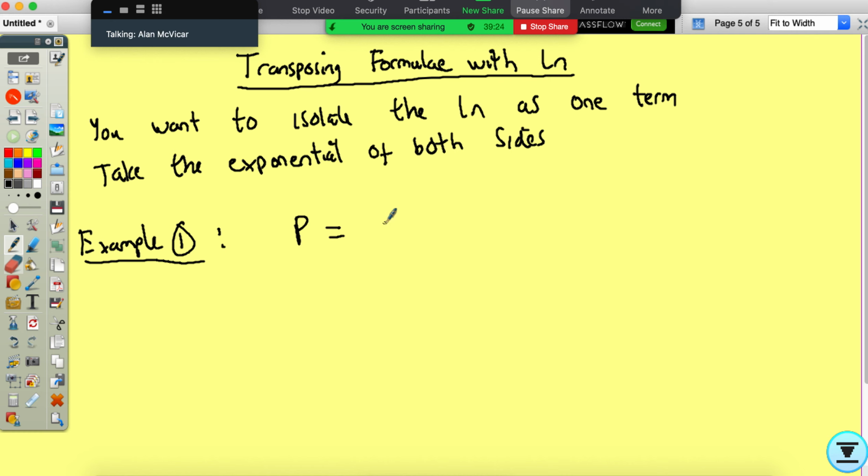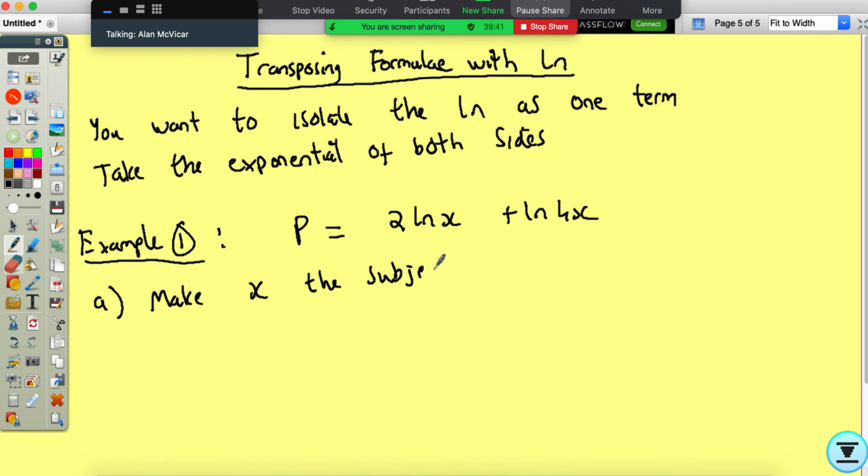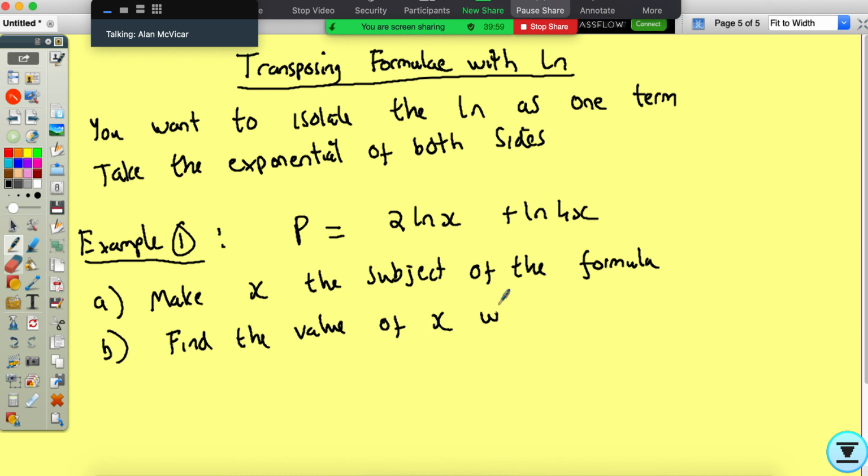I've totally made it up. 2 ln x plus ln 4x, and I want to make x the subject of the formula, and b, find the value of x when p equals 2.54.